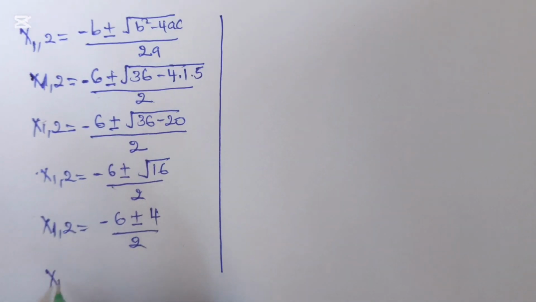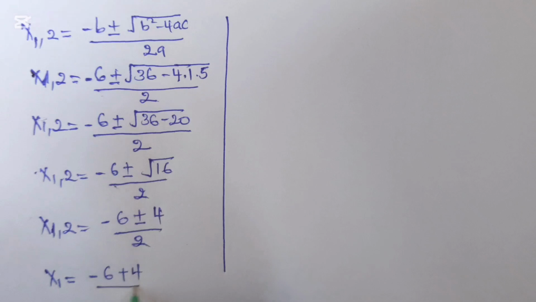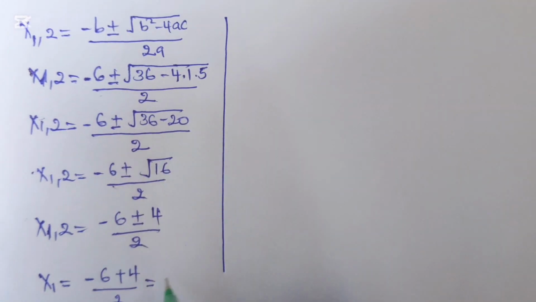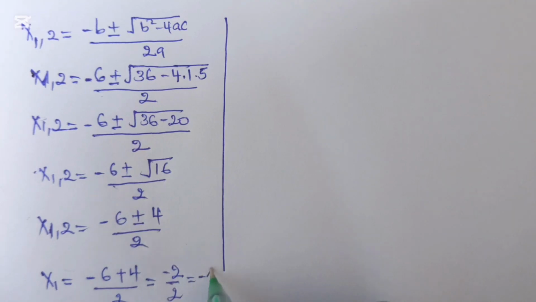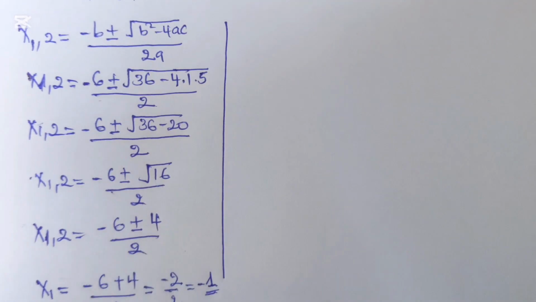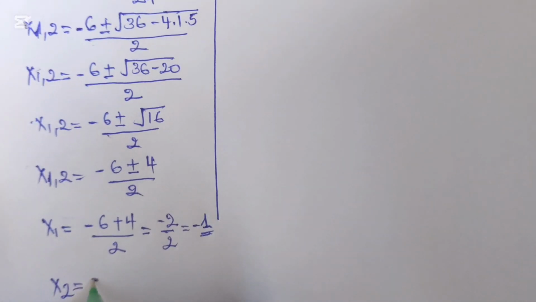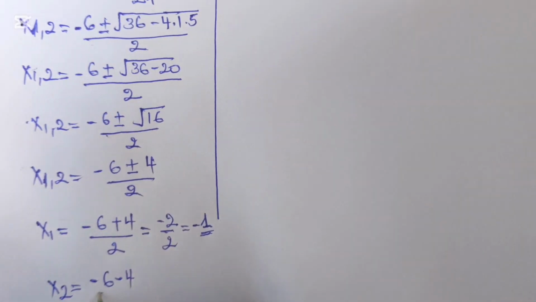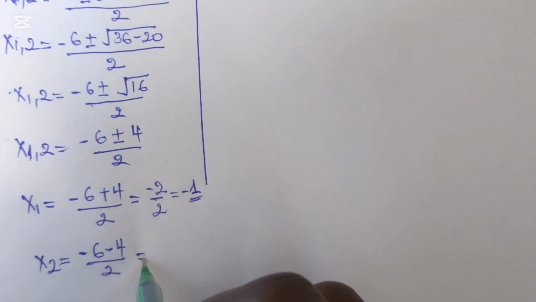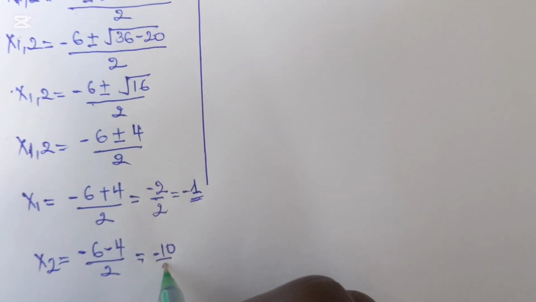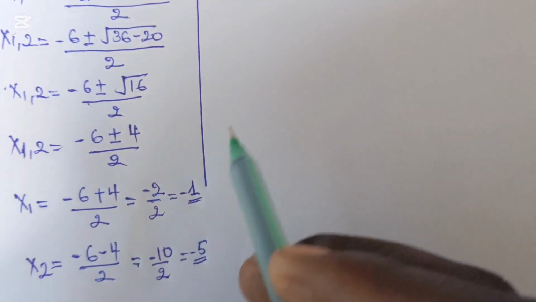Then x1 will be negative 6 plus 4 over 2, which will be negative 2 over 2, which equals negative 1. Whereas x2 will be negative 6 minus 4 over 2, which will be negative 10 over 2, equal to negative 5.